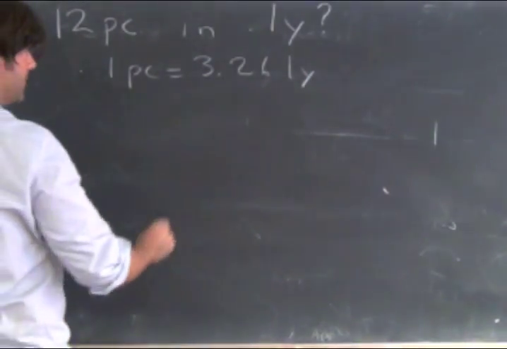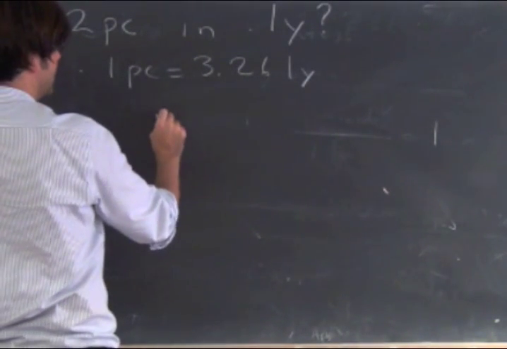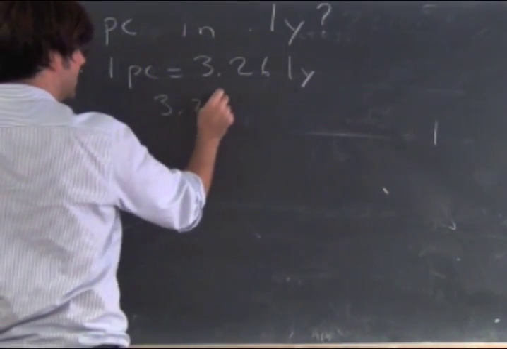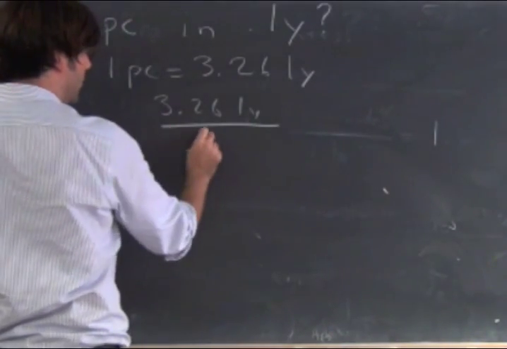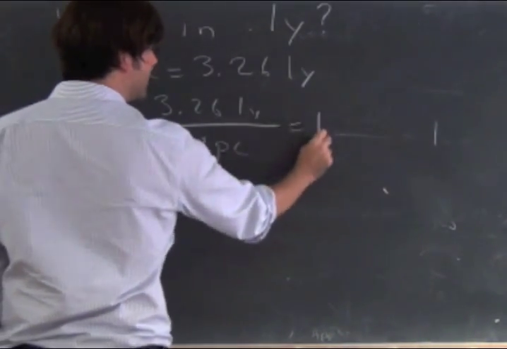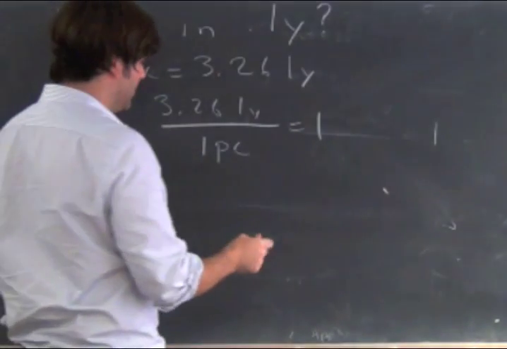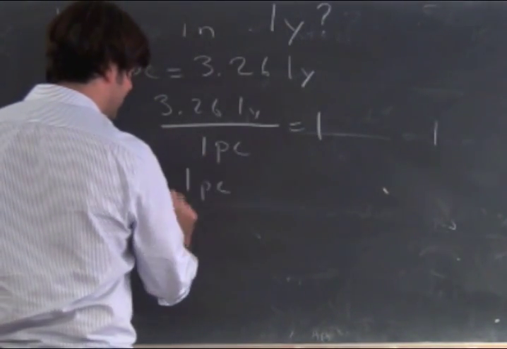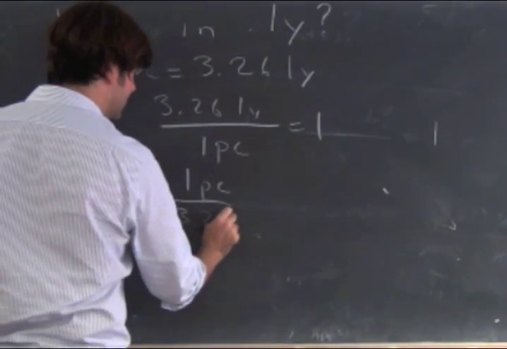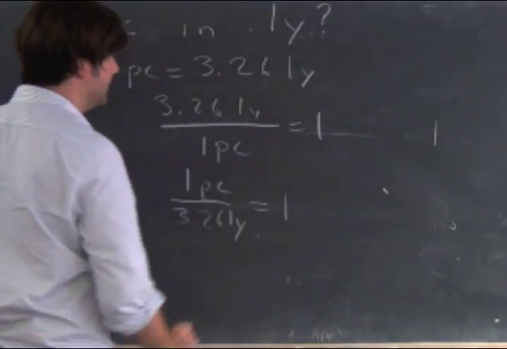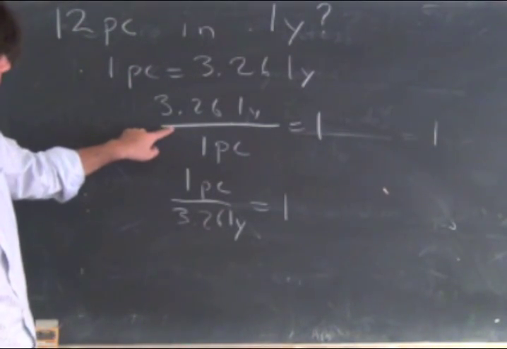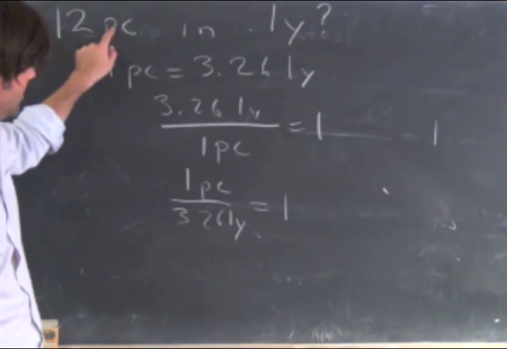So this tells me that 3.26 light years over 1 parsec is equal to 1, or 1 parsec over 3.26 light years is equal to 1. I'm going to want to use this one here to cancel off the parsec units.